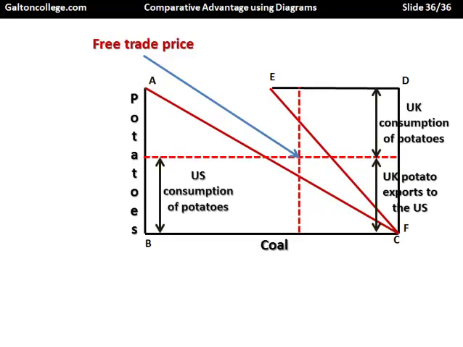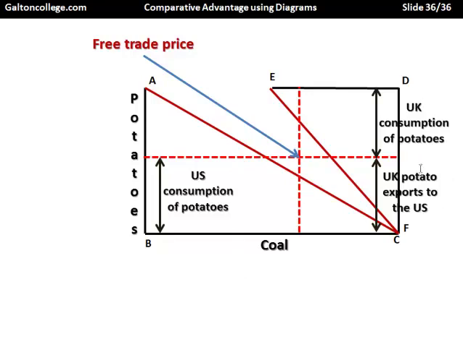Now, you can see here that, let's take this point here, this is on the potatoes axis. This is the US consumption of potatoes, and this would be the UK exports of potatoes. So the UK is exporting potatoes to America. The Americans are consuming this much, which is more than they had before.